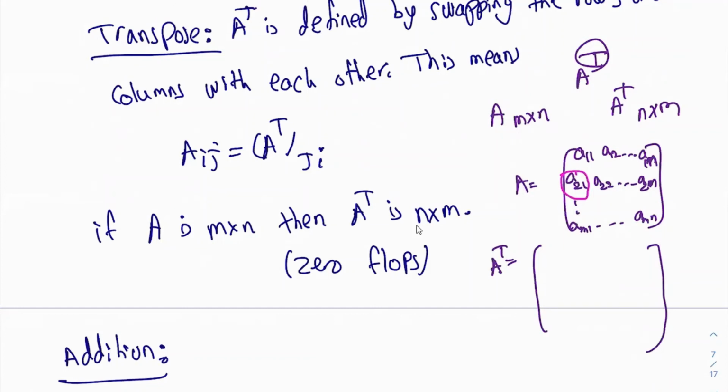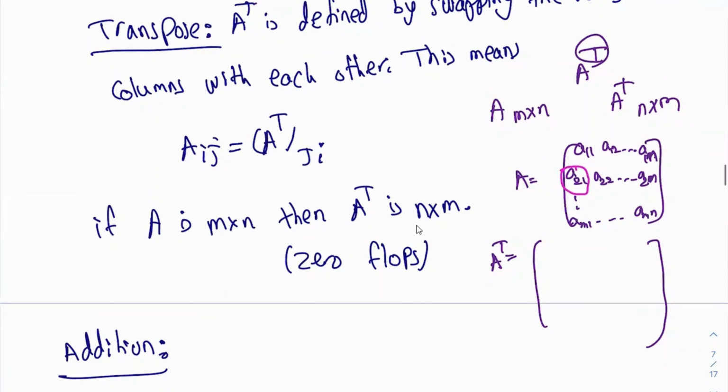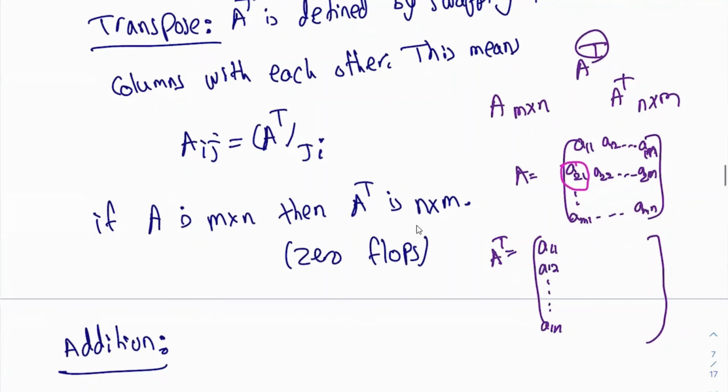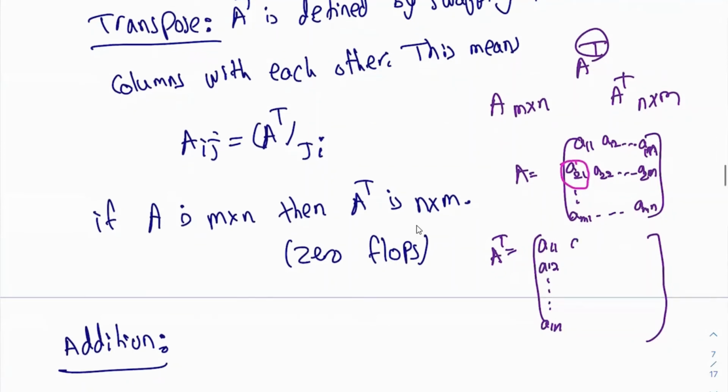what I'm going to do is just swap the rows and columns. So for example, what was the first row? It was A11, A12, all the way to A1n. I'm going to write it as the first column. What was the second row? The second row is A21, A22, all the way to A2n. I'm going to write it as the second column, and so on.